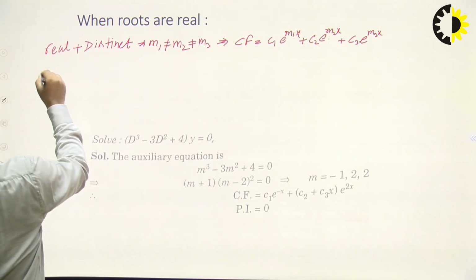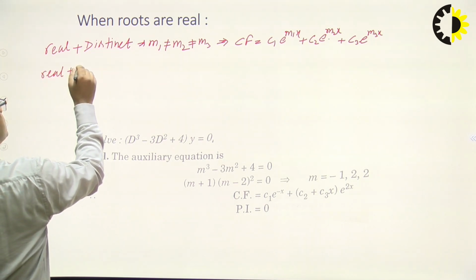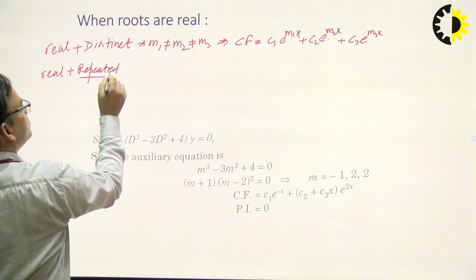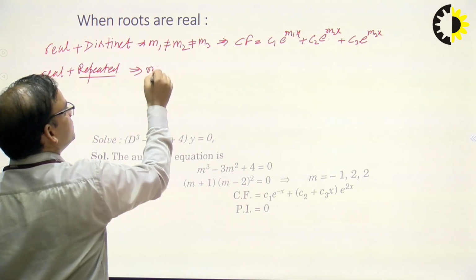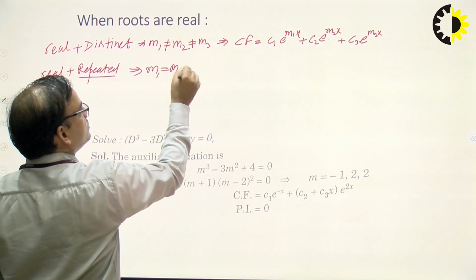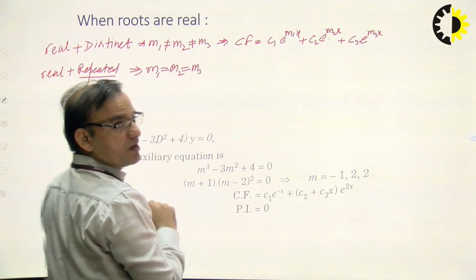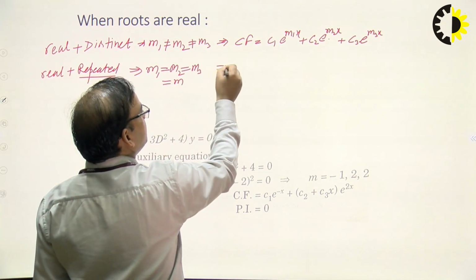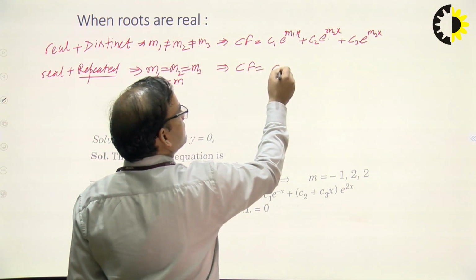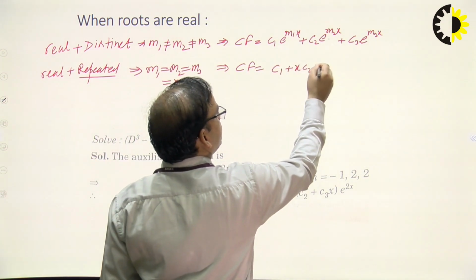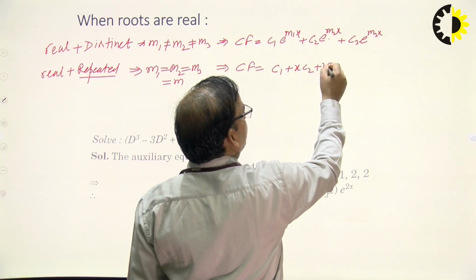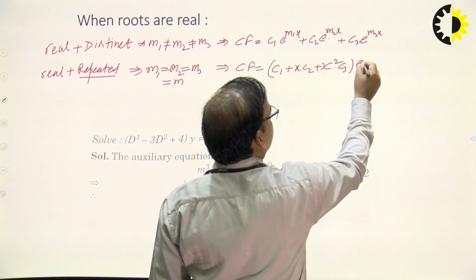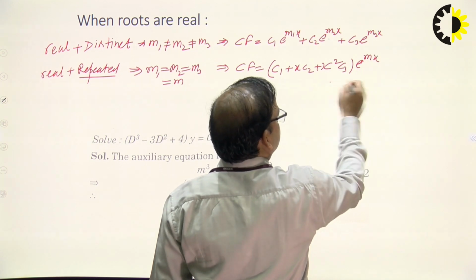But in the case of repeated roots, real and repeated. Suppose m1 is equal to m2 is equal to m3, three roots are the same, and suppose the common value is m, then we have to write CF is equal to (C1 plus C2 x plus C3 x square) e raised to power mx.